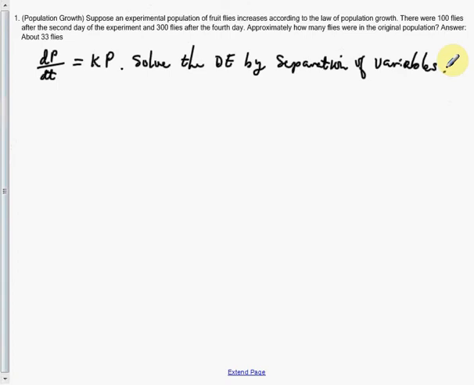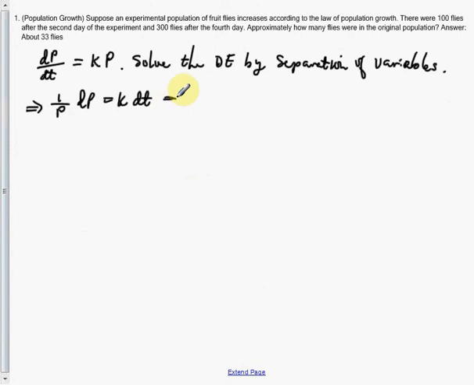So here, we count the derivative as a ratio of differentials. So it's actually dp divided by dt. So I'm going to multiply both sides by dt, divide both sides by p. So we said this implies that 1 over p times dp is equal to k times dt. The variables are separated. So the variables are collected in terms of like terms. So from here, I'm going to integrate both sides.